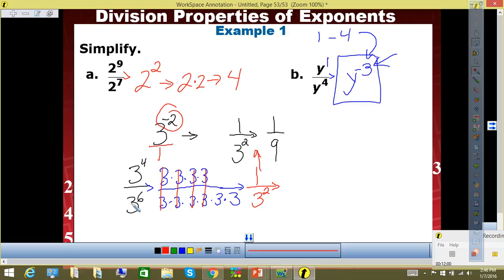So copy this down. Example, mega cube. Copy 7 to the negative 2. How would we write that without a negative exponent? Talk it over with your neighbor, see what they got.